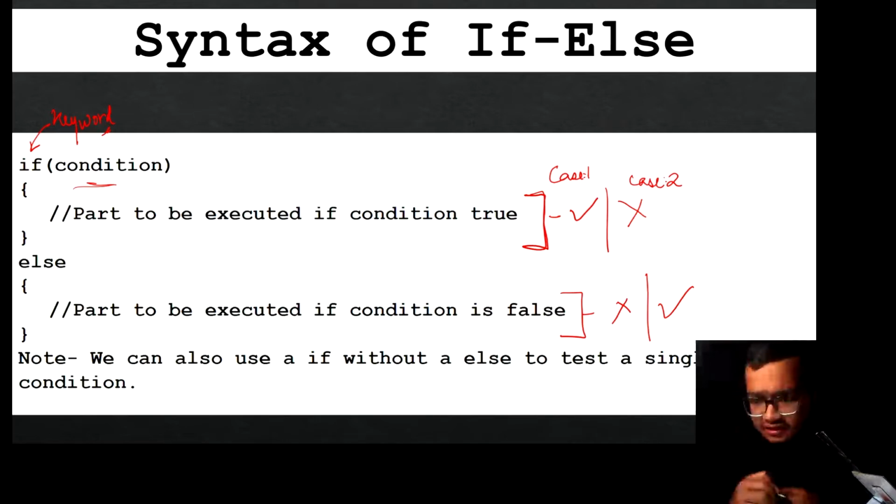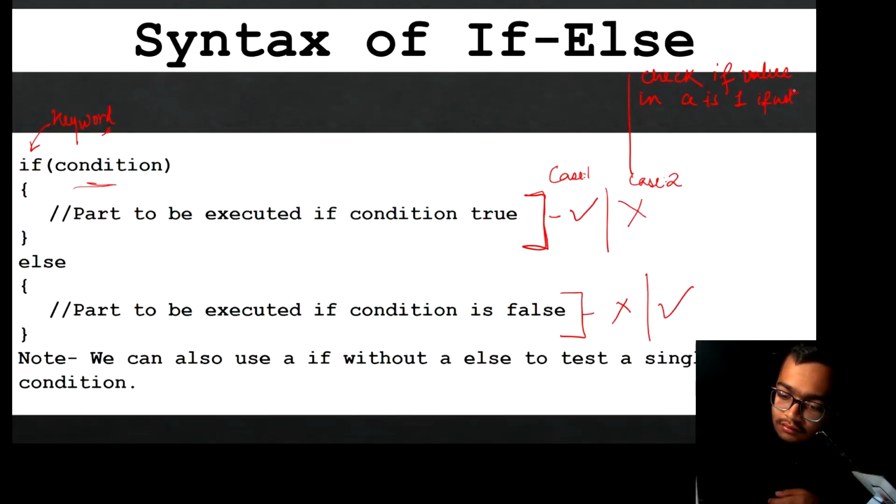Now suppose we have to check if a variable a has a value 1, then print variable a is 1. So we have to check if the value in a is 1. If not, do nothing.